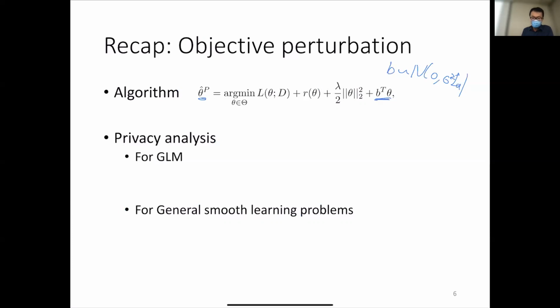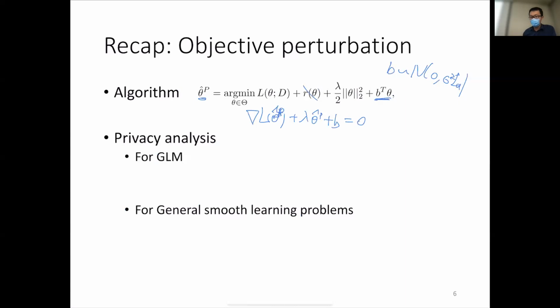So for objective perturbation, the privacy analysis is more interesting than for output perturbation because it requires us to work with the KKT condition, the optimality condition, which says that the optimal solution theta hat p satisfies this, ignore this r, lambda theta hat p plus b is equal to 0.